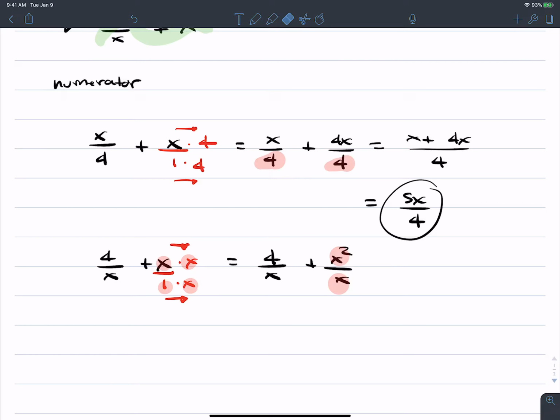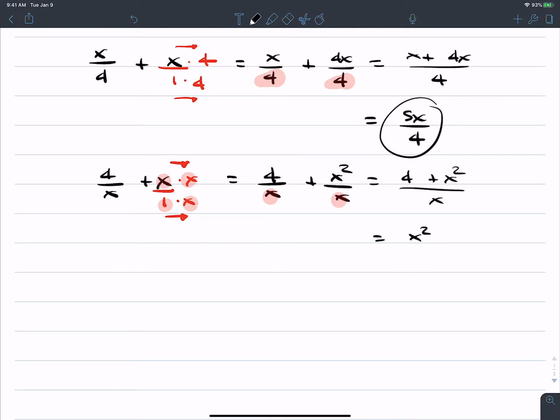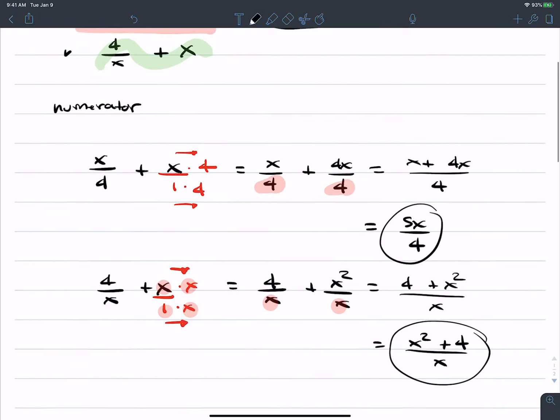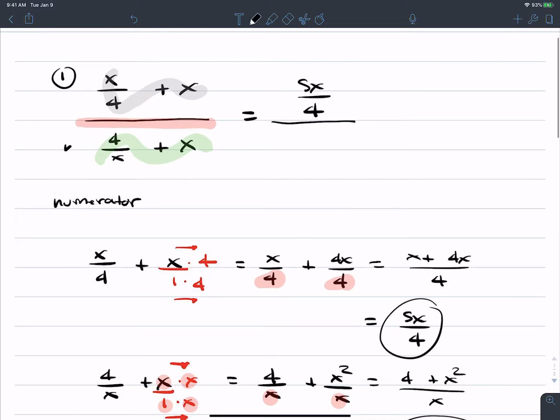Now they're like fractions, meaning the denominator is the same. We just have to add the corresponding numerators. So we get 4 plus x squared here divided by x. We can also write this as x squared plus 4 over x, because the order in which we add doesn't matter. So this is going to be what we see in our denominator position. This is x squared plus 4 over x.